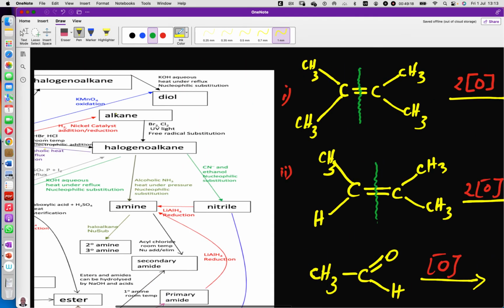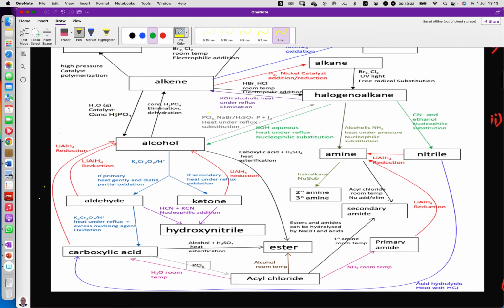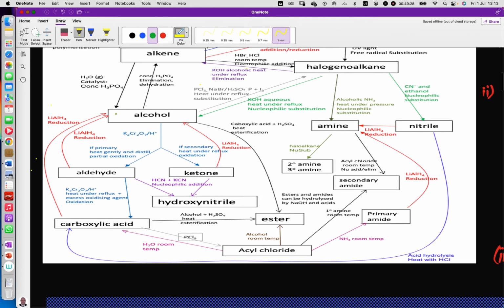Now let's go back to alcohols. Let's go to alcohols now. You see the reaction of alcohols here.